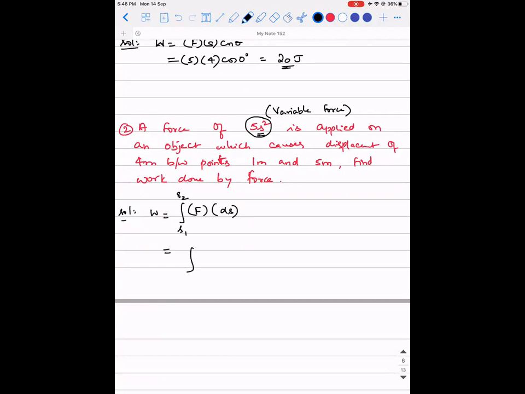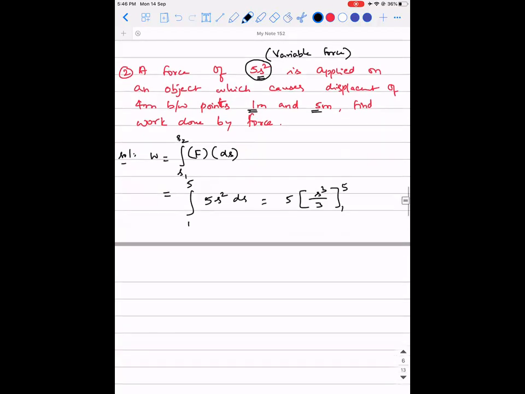S1 is 1 meter, S2 is 5 meter, F is 5 S square ds. So 5 into S cube divided by 3 between 1 to 5. So 5 into 5 cube is 125. 125 by 3 minus 1 by 3. So the answer will be 5 into 124 divided by 3.